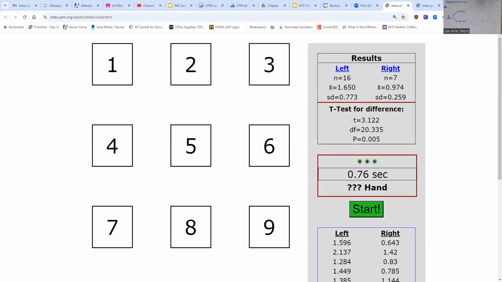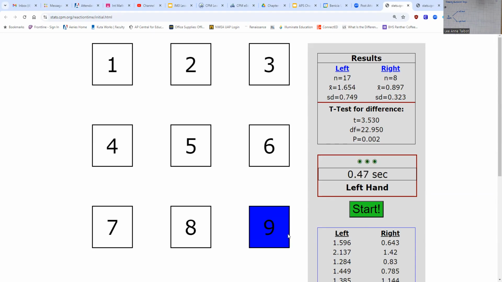I'm left-handed. Hey, test it. Toby's line is 2.4. Hey, 27 right hand.